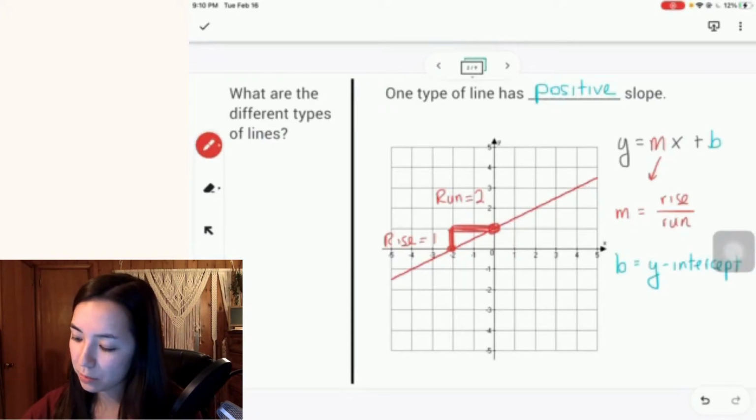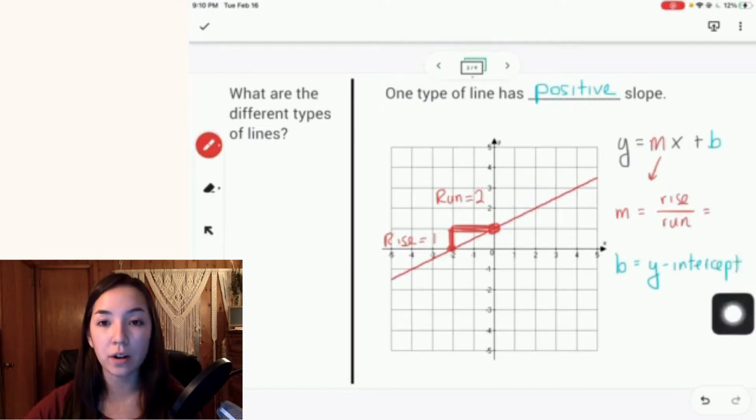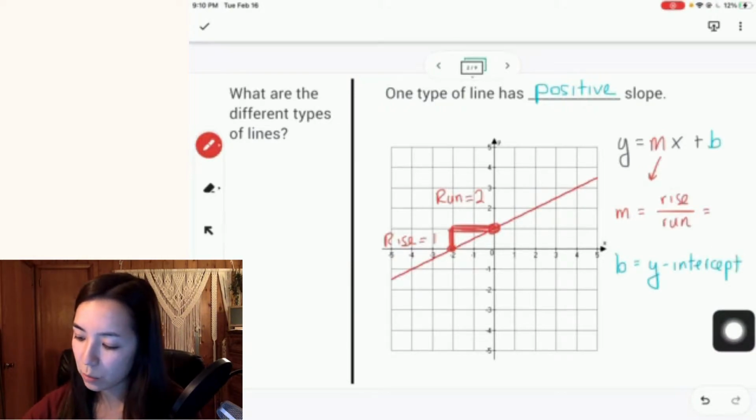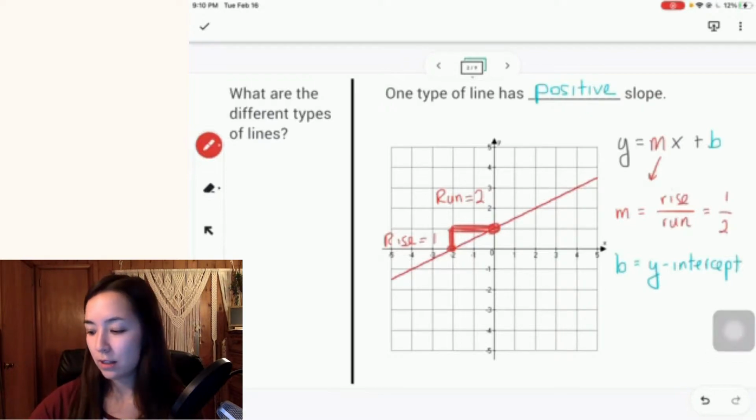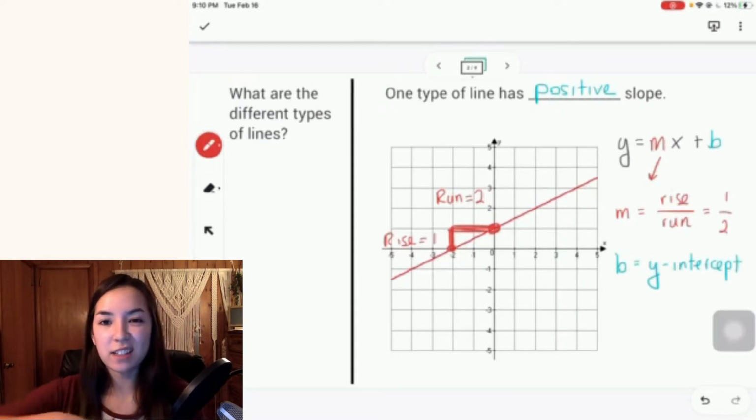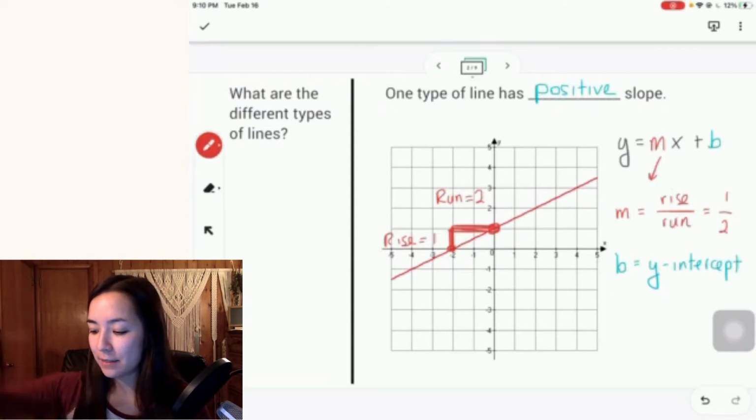So our slope, if we do our rise over our run, is 1 over 2. And it's positive because our line is increasing.